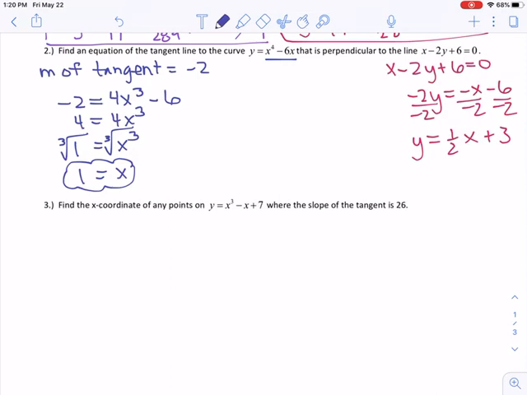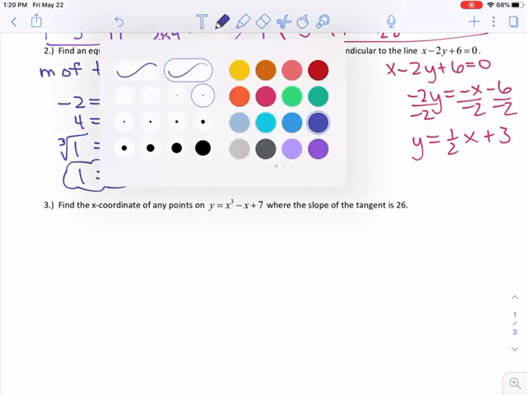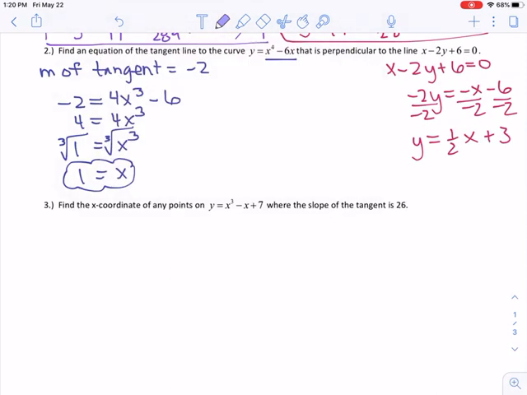I want to now find out what y-coordinate goes with this. So if I'm looking for my y-coordinate of my curve, I've got to plug that 1 back into my equation for my curve here. So to find my y-coordinate, we've got y is equal to 1 to the fourth minus 6 times 1, and I'm going to have a y-coordinate of negative 5.